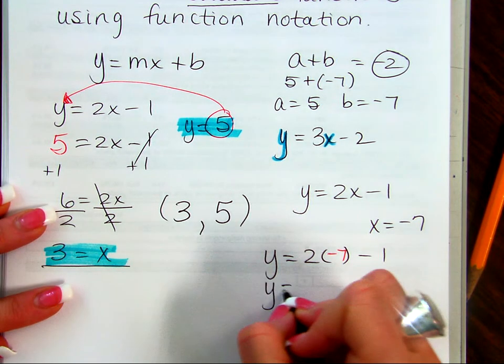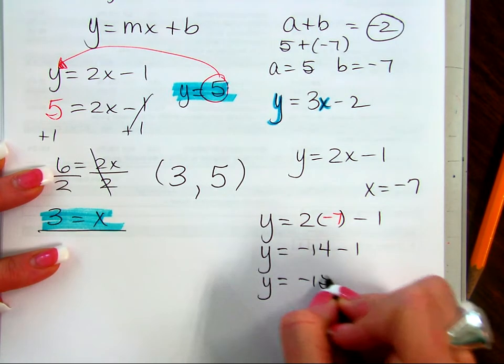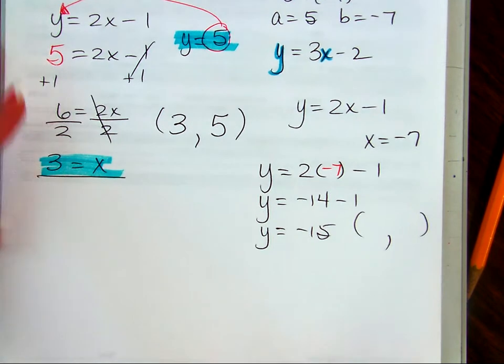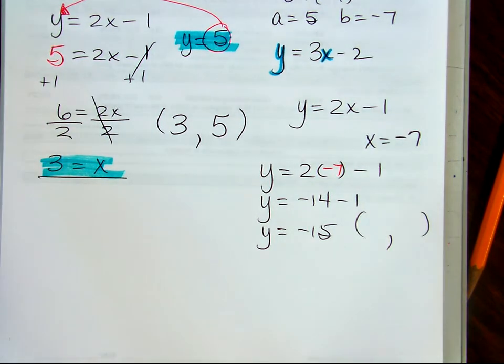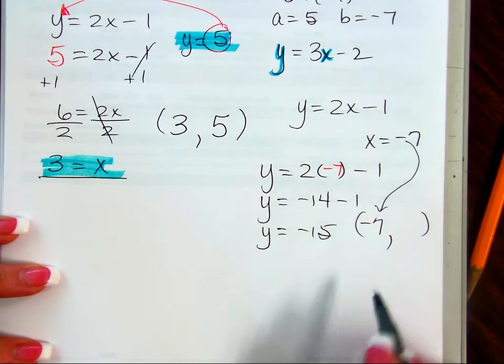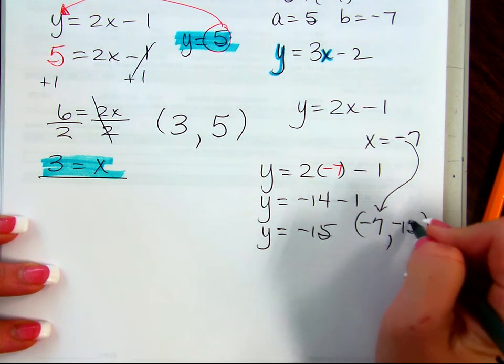Which means y is equal to -14 minus 1, -15. So my answer is going to be written as an ordered pair today. And so what should go there? When x was -7, the y value that resulted was -15.